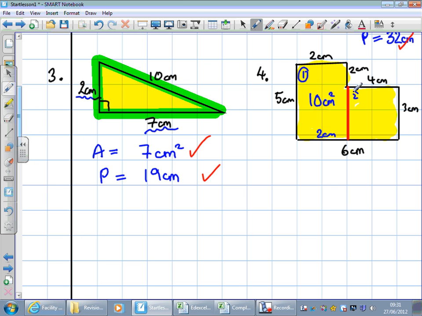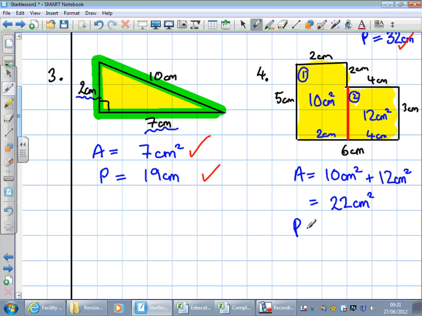Now rectangle 2, I know the height is 3, and I know that this length is 4, so the base must be 4. 4 centimeters times 3 centimeters is 12 centimeters squared. So the area equals, write this down. Remember, to get full benefit from these, you have to have pen and paper and be working through these with me. 10 centimeters squared plus 12 centimeters squared is 22 centimeters squared.